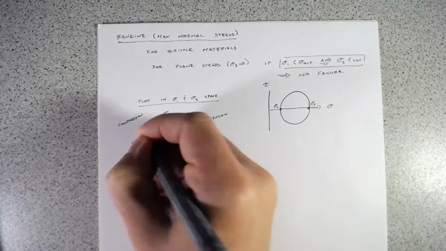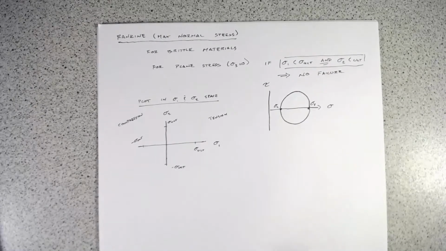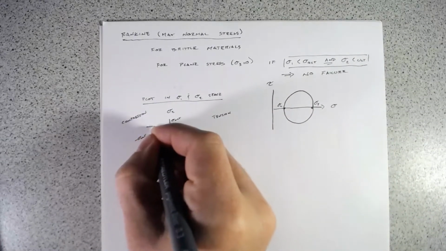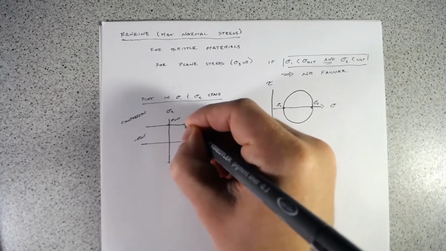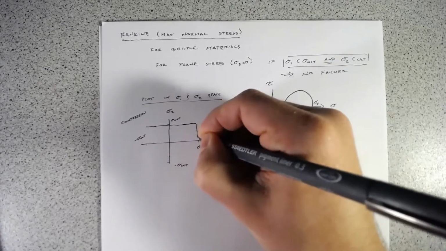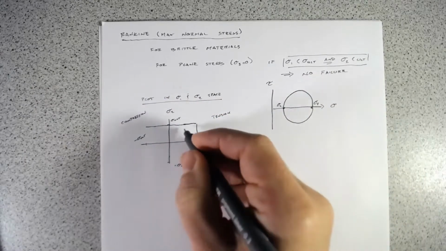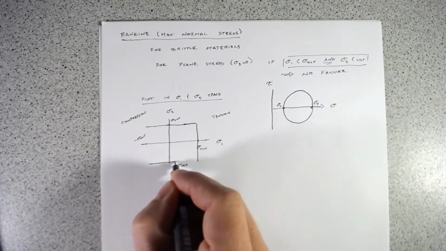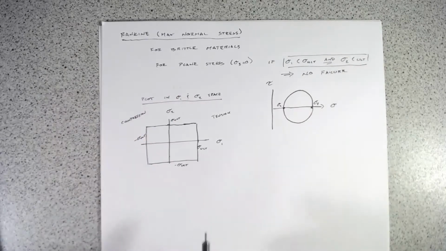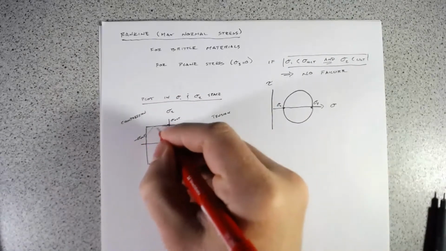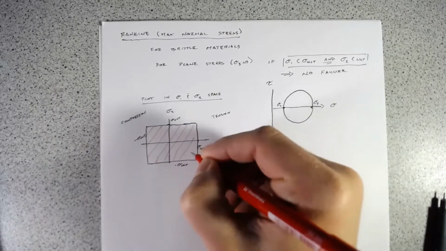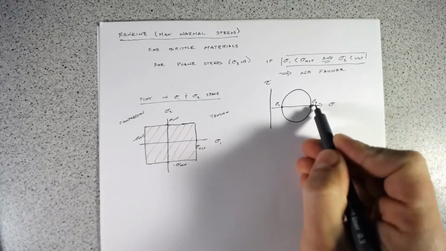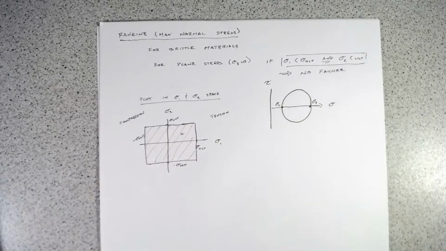If we plot this criterion graphically, we get a series of lines, where any sigma 1, as long as both sigma 1 and sigma 2 are less than our ultimate stress, and if we shade that in, we can think about any combination of these two as a point plotted on a graph.